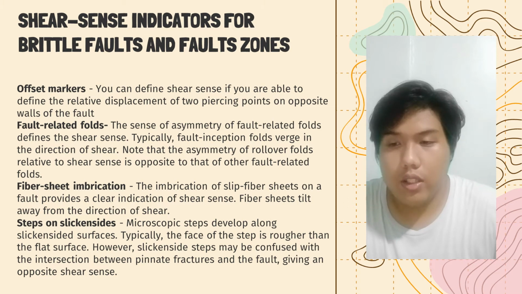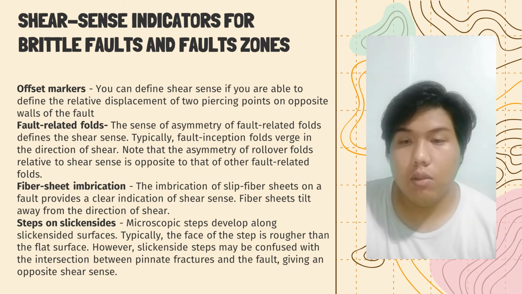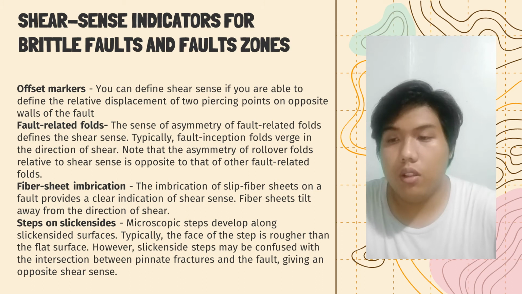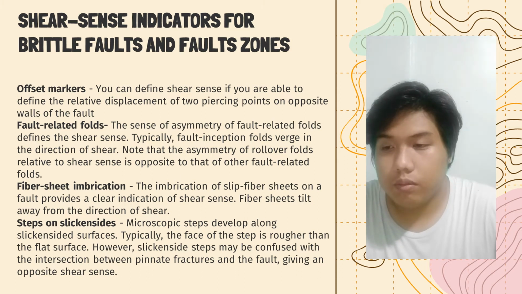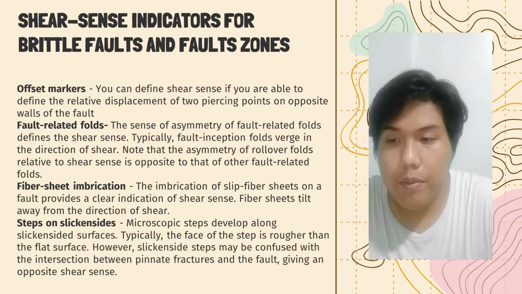Fiber sheet imbrication: the imbrication of slip fiber sheets on a fault provides a clear indication of shear sense. Fiber sheets tilt away from the direction of shear. Steps on slickensides: microscopic steps develop along slickenside surfaces.